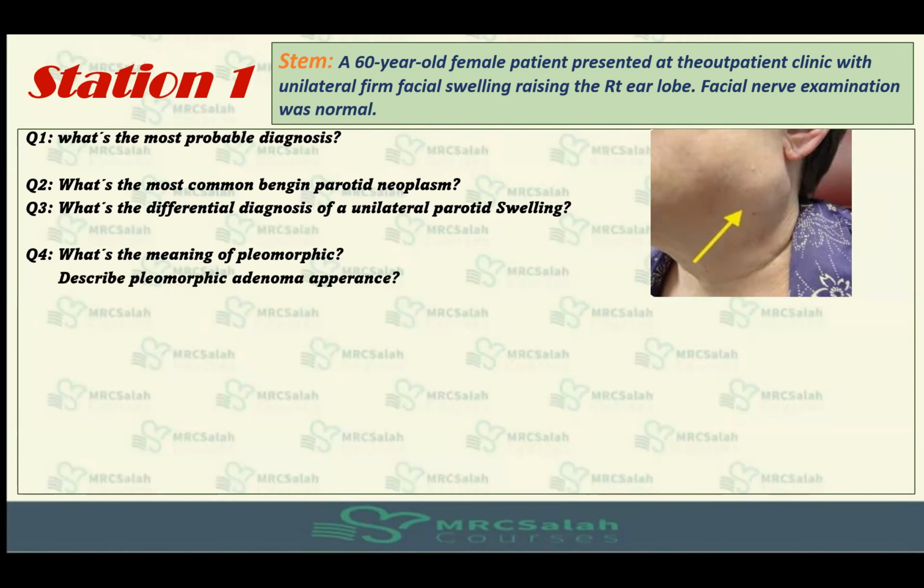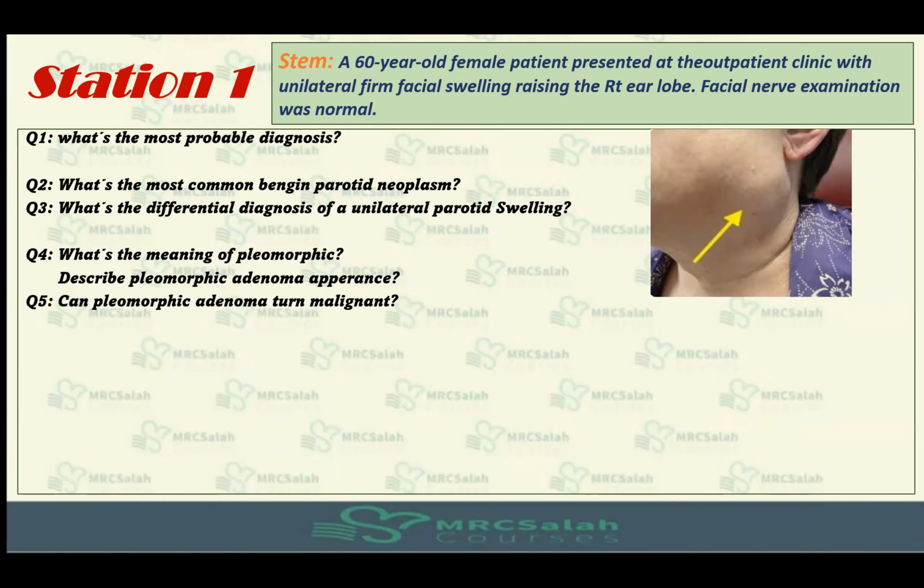So our next question, can you please describe pleomorphic adenoma appearance? It appears as a benign tumor consisting of mixed ductal epithelial and myoepithelial cells, which show epithelial and mesenchymal differentiation. Okay, that's right.